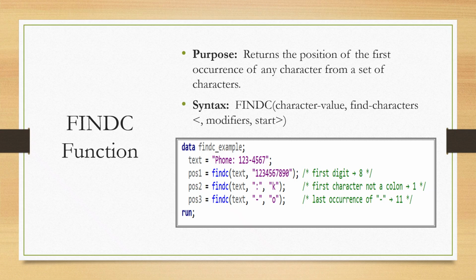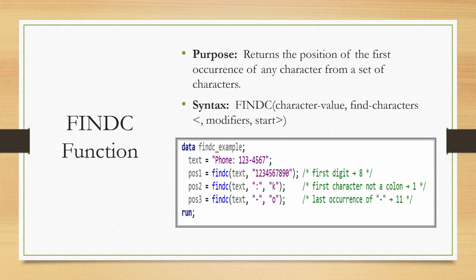For the position 1 variable which is being created here, we are just mentioning the find character list, and the find character list is the list of numbers from 1 to 0, that is all the digits, which will be searched in the text value.